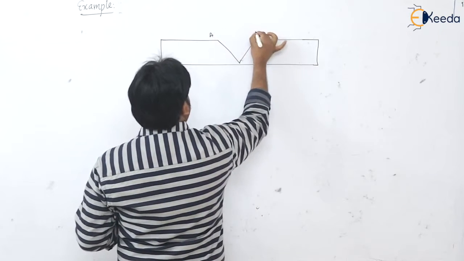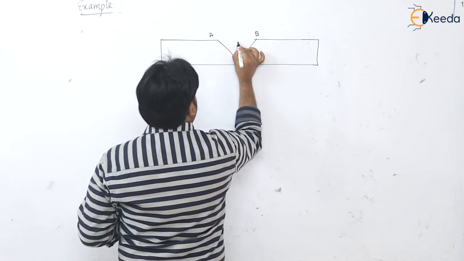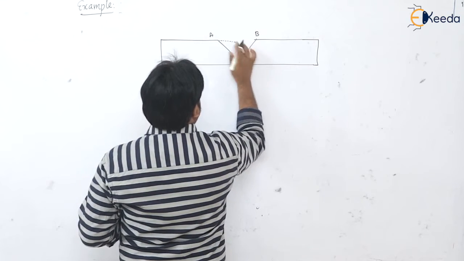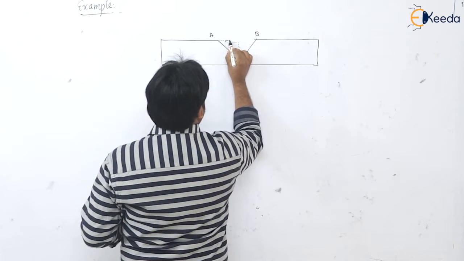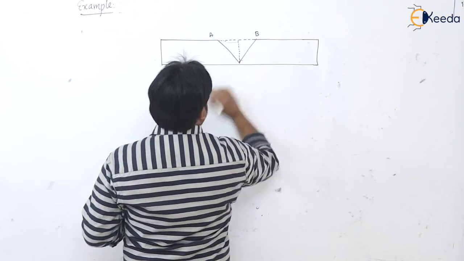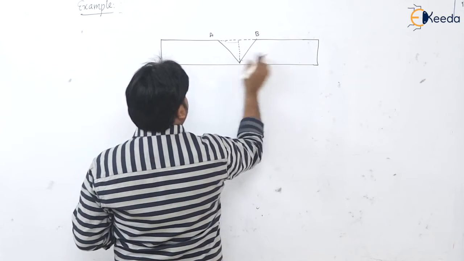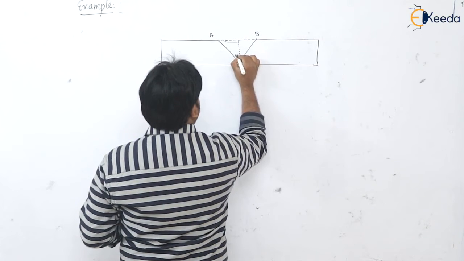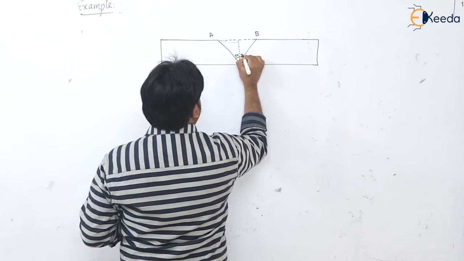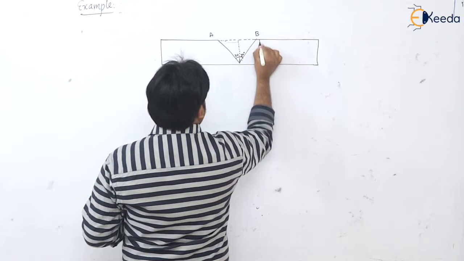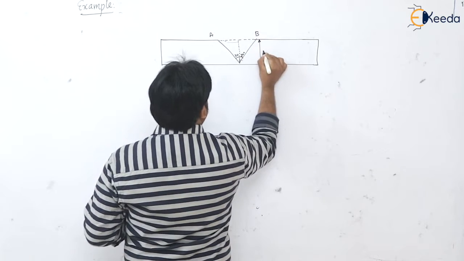This is A, B, and of course AB is the width of the weld, W. If the groove angle is 60, then here is 30 and here is 30. And this is 3 millimeter, as given.